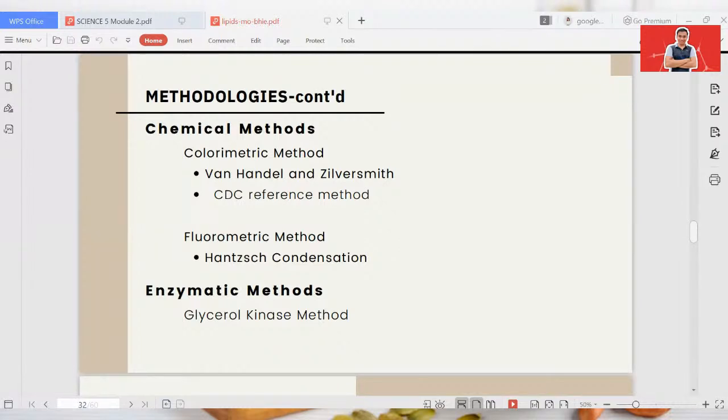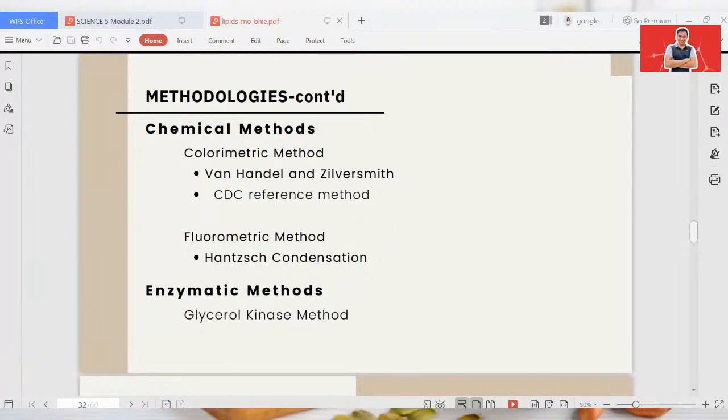So the chemical methods. The colorimetric method is a technique used to determine analytes by comparing color changes of the solution. Van Handel and Silversmith extract serum lipids with a reagent, which is a mixture of chloroform and ethanol, and remove phospholipids with an absorbent, which is zeolite and alumina or Florisil.